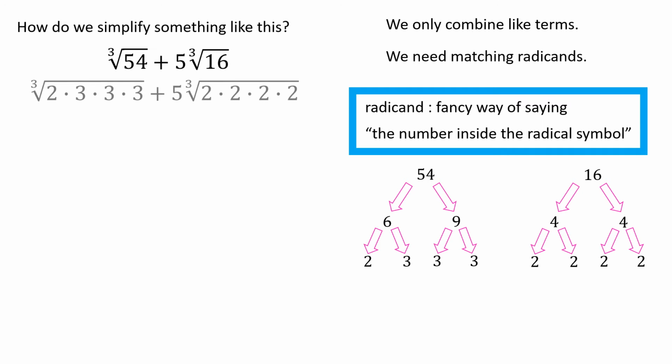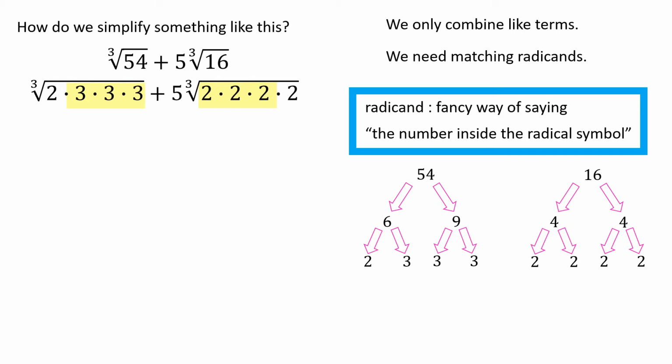I'm like, aha, 54 is secretly equal to 2 times 3 times 3 times 3. 16 is secretly equal to 2 times 2 times 2 times 2. Hey, cube root, right? Third root. Look at that. I can lasso 3 identical factors inside each radical.